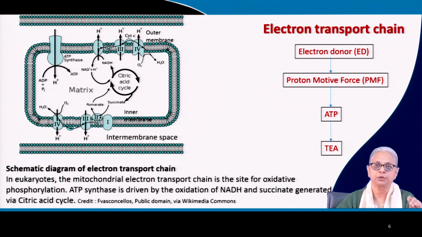And in eukaryotes, this process happens at the mitochondrial membrane. So that is at the inner membrane of the mitochondria. And like I said, this is the argument used in favor, rather to explain the endosymbiotic theory. So we will come back to this point later again. So that's about it over here.